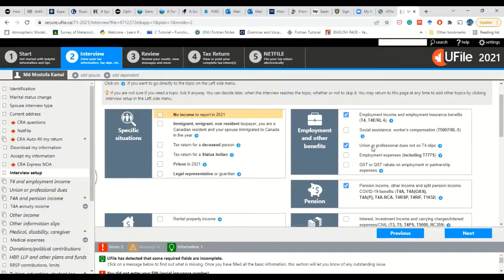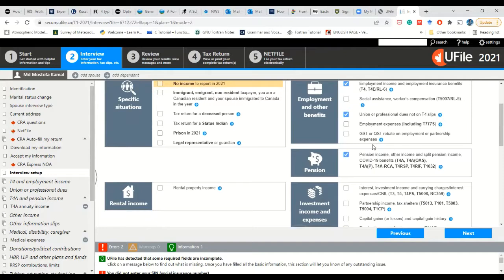In this T4 taxable income, I also pay some union fees, so here union professional dues. Then I created a pension form and non-taxable income here, so pension income or other income. So these are the two forms, one is T4 and the other is T4A. In these two sections, I can create those forms.